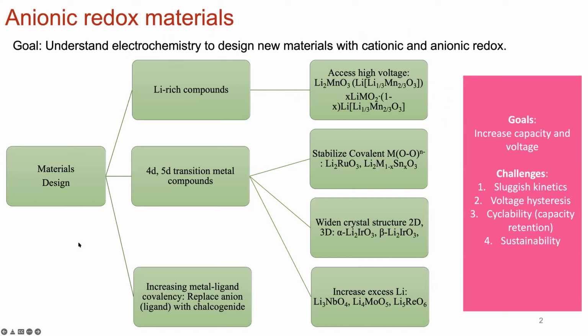So this is the overall scheme that we'll talk about in terms of addressing the goal of trying to understand the electrochemistry of these materials to design new materials, right? That have both cationic and anionic redox.